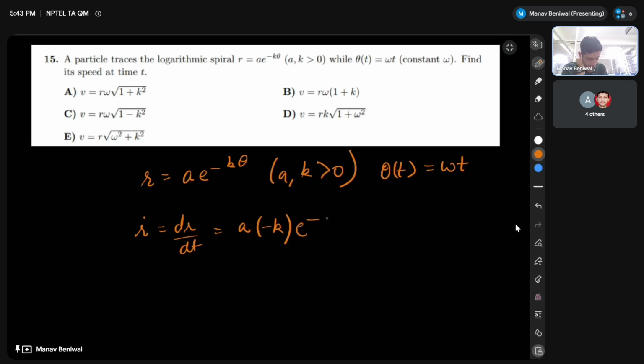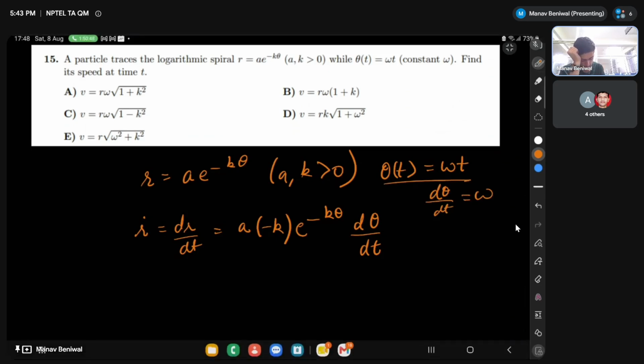And e to the power minus k theta, and then d theta over dt, right? So from this equation, I can write d theta over dt is omega.